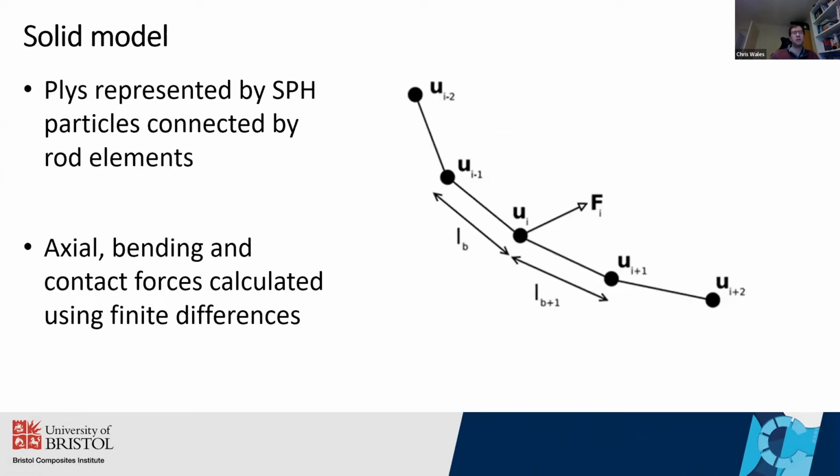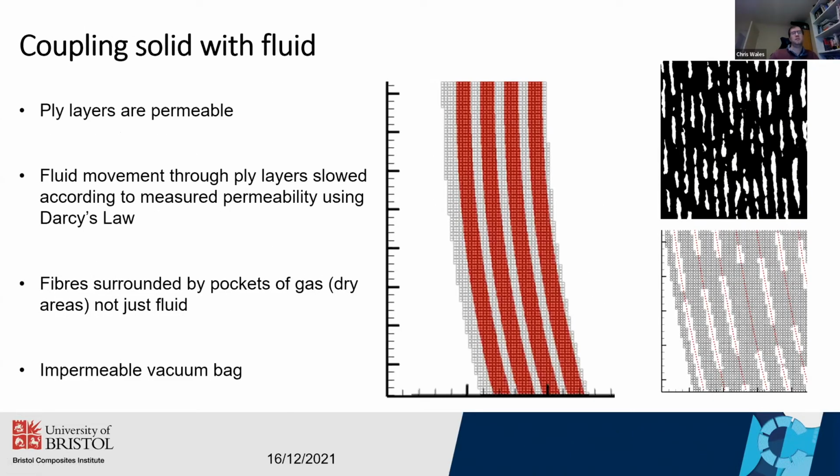So in terms of the structural model in 2D, the plies are represented by particles connected by rod elements, and then we have a finite difference based approximation for the axial and bending forces across the connecting rods. And then this is coupled to the ply layers. So even though each ply has lots of fibers, they're aggregated into one single ply layer.